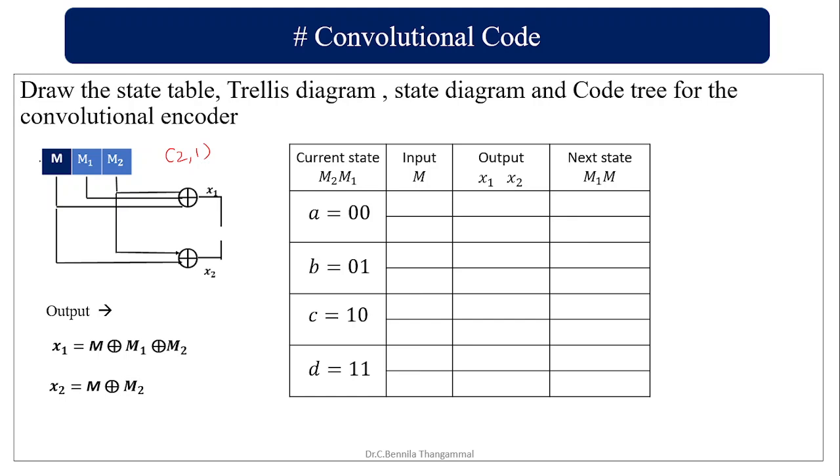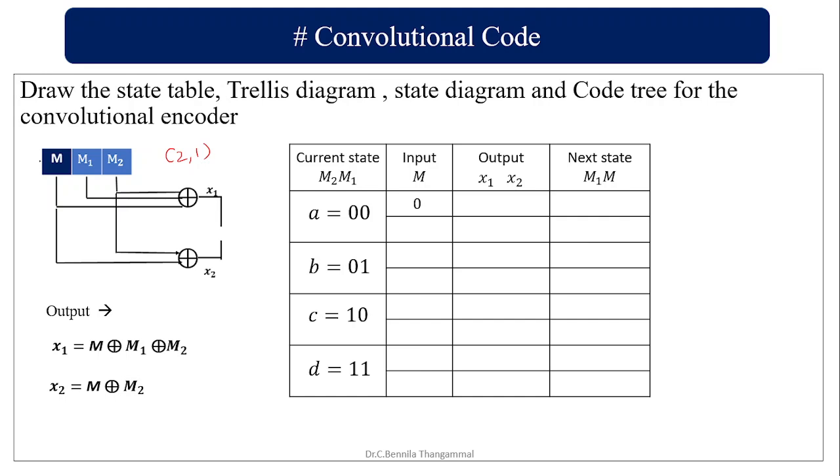Now we are going to see what the output is when the input is 0 and when the input is 1. With the help of the equations we can calculate. If my input is 0, what is my output?